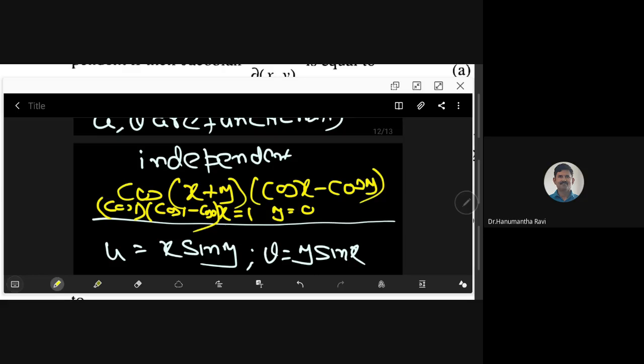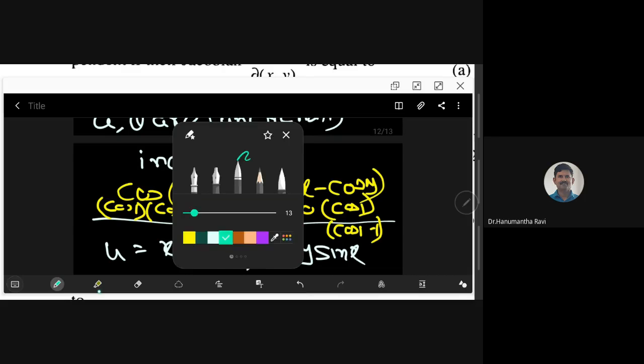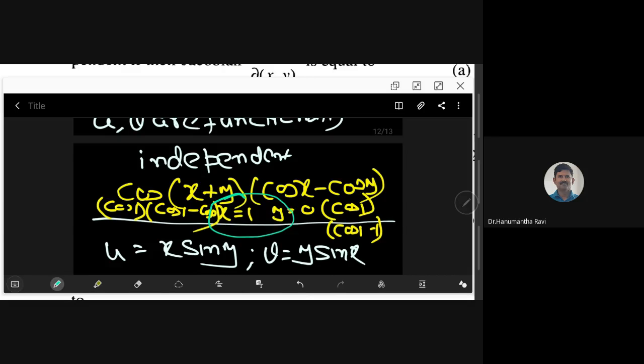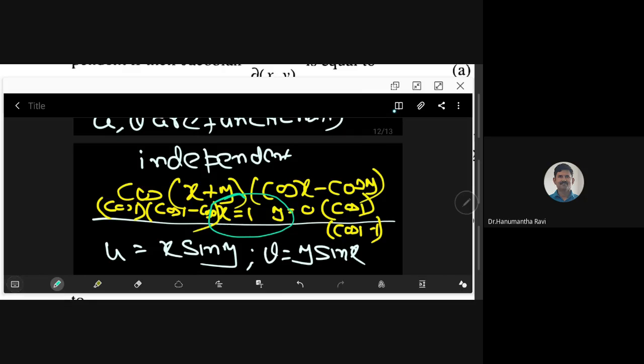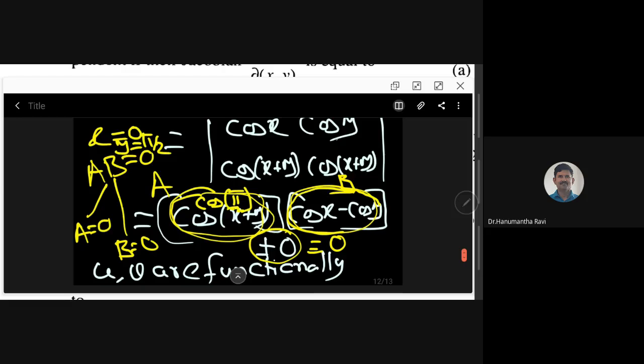Cos 0 is 1. So cos 1 is not equal to 0, that we are sure, and cos 1 is not equal to 1. Therefore, for the choice x is equal to 1 and y is equal to 0, cos x plus y into cos x minus cos y is not equal to 0.